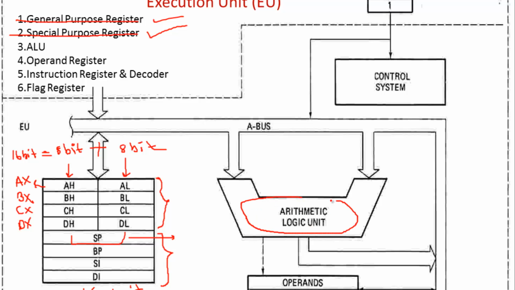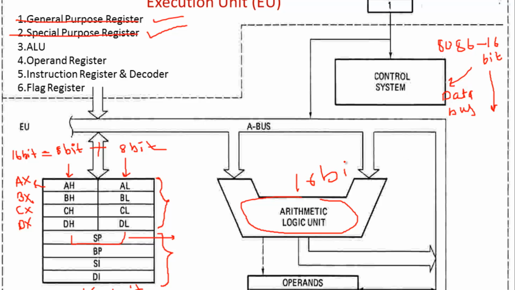Now the next is the ALU, that is the arithmetic and logical unit. This unit does the 8-bit and the 16-bit arithmetic and logical operations. And as we have seen, 8086 has a 16-bit data bus, that is, it can access 16-bit data in one operation.